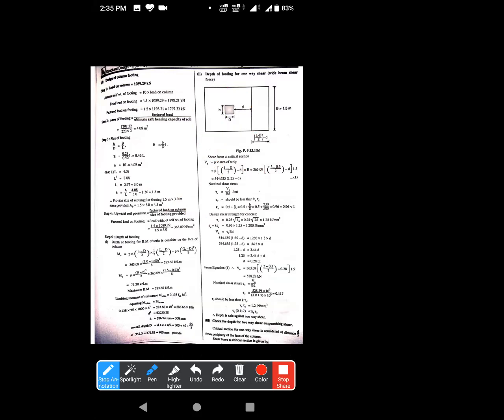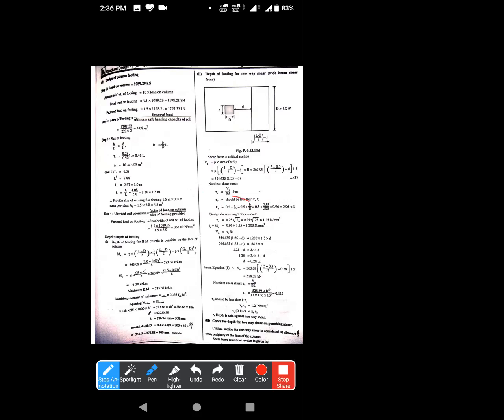Now shear force at the critical section, you know the formula, V is equal to p into area of strip. I have already explained the formula in the last lecture. You have to just put the values here and find the Vu. Now nominal shear stress, tau v is equal to Vu upon b into d, but tau v should be less than ks into tau c.